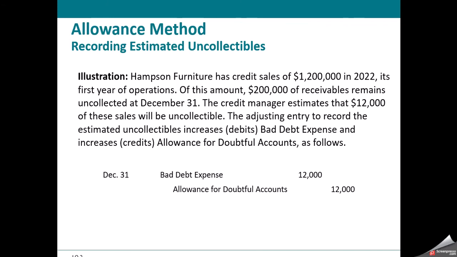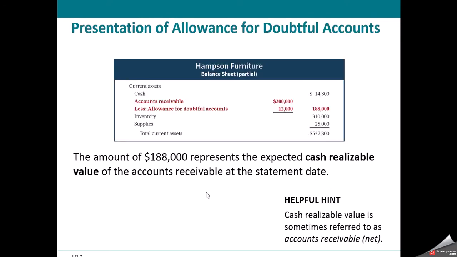He doesn't know for sure. So he's going to debit bad debt expense for the 12,000 and then set up an allowance for doubtful accounts for that $12,000. Then now he's got this kind of pot of money that as he realizes, hey, some of these people aren't paying, this really is bad debt, he can take it out of this allowance for doubtful accounts.